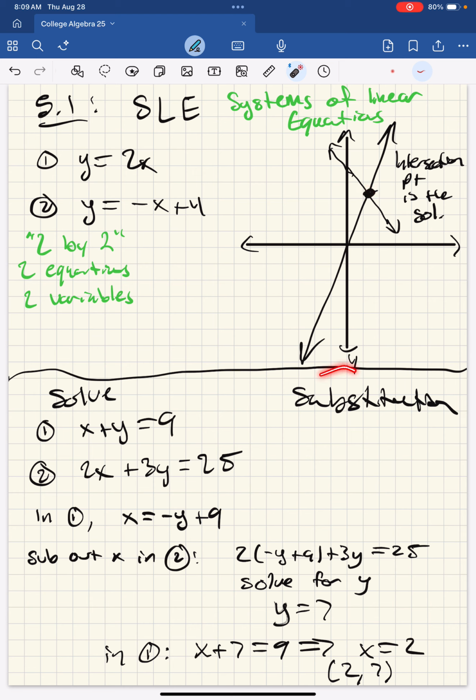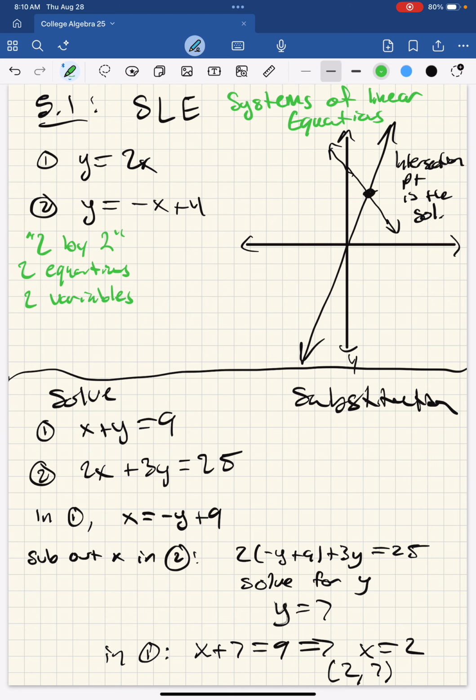The first method is called substitution. So the system, in this example, the first line is x plus y equals 9. The second line is 2x plus 3y equals 25. So what we need to do is in either equation 1 or equation 2, solve for x or y.